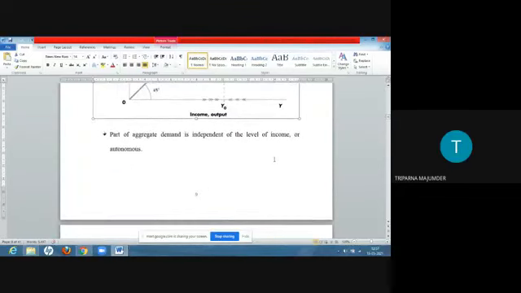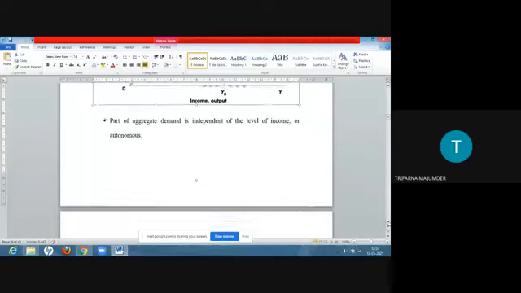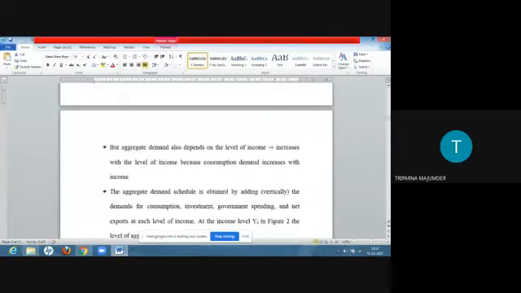Now, part of the aggregate demand is independent of the level of income, or autonomous. But aggregate demand also depends on the level of income, which implies it increases with the level of income because consumption demand increases with income.